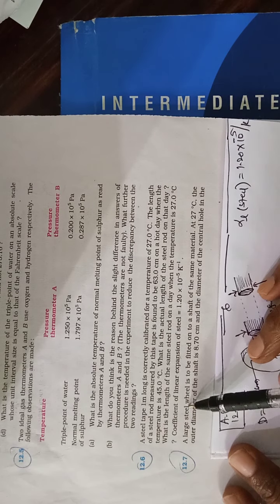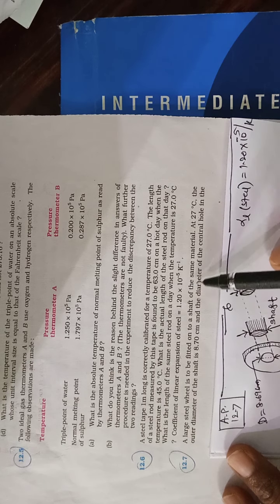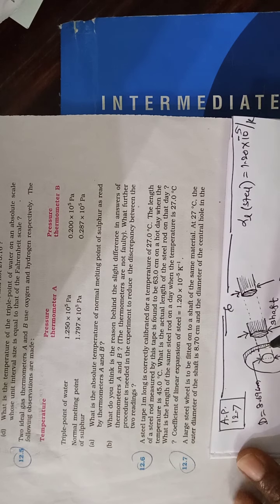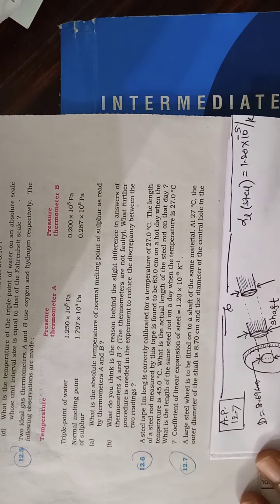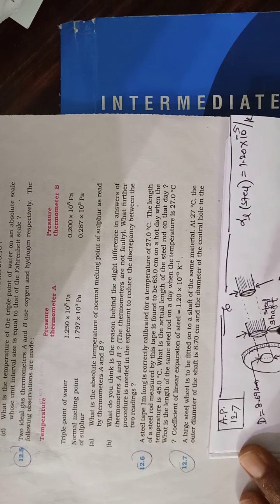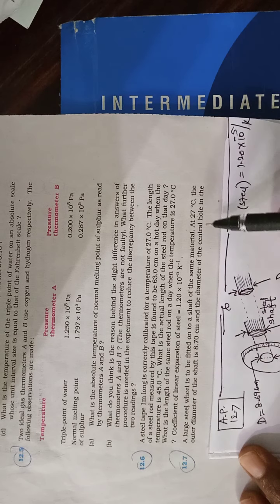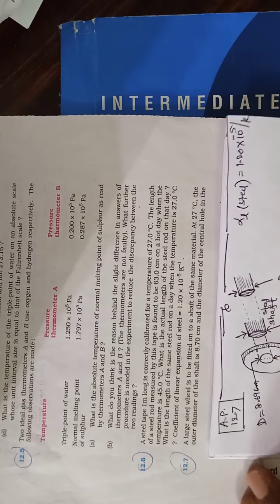A large steel wheel is to be fitted onto a shaft of the same material. This is the steel wheel and this is the steel shaft. This must be fitted onto it at 27 degrees centigrade, that is T1.